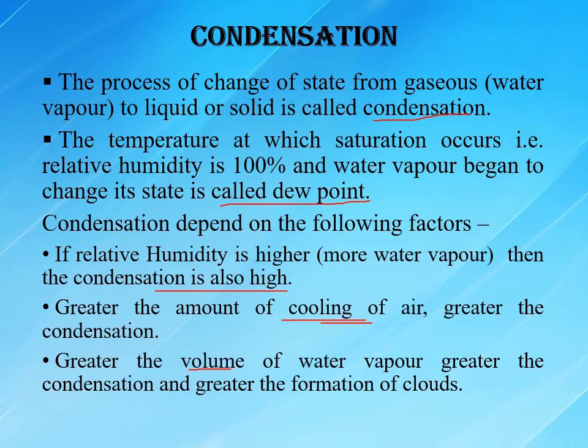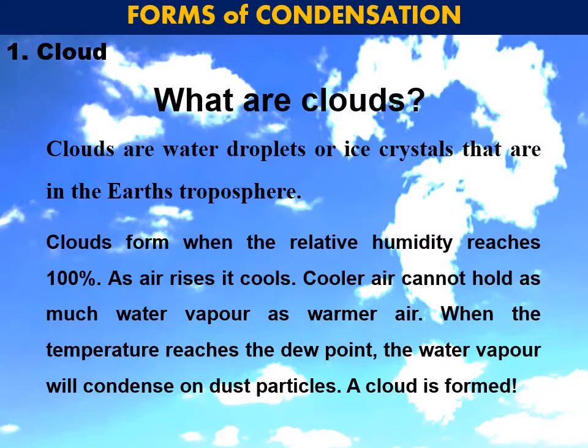Now the forms of condensation. In nature we find different forms of condensation. The first and foremost form of condensation is known as clouds. Clouds are the water droplets or the ice crystals that are found in the Earth's troposphere. Clouds form when the relative humidity reaches 100% and as air rises up, it cools down, and this cooler air cannot hold much water vapor within it.